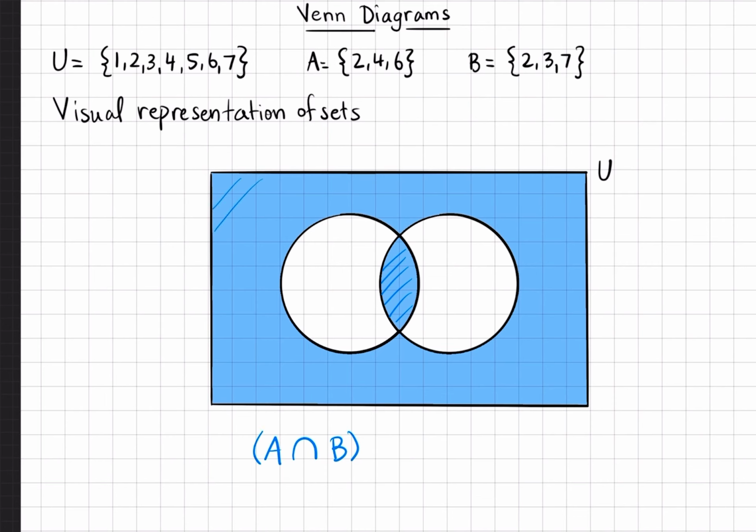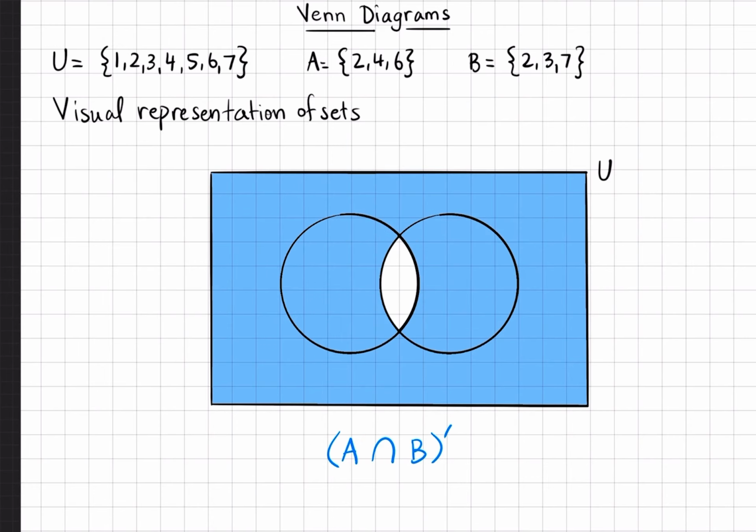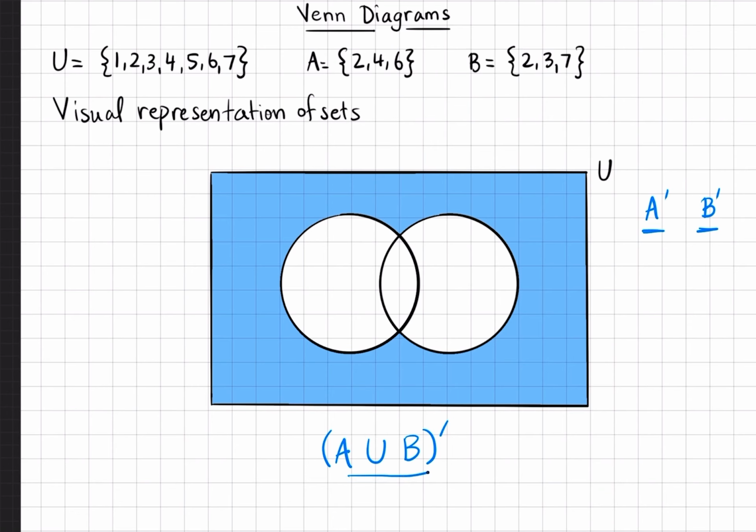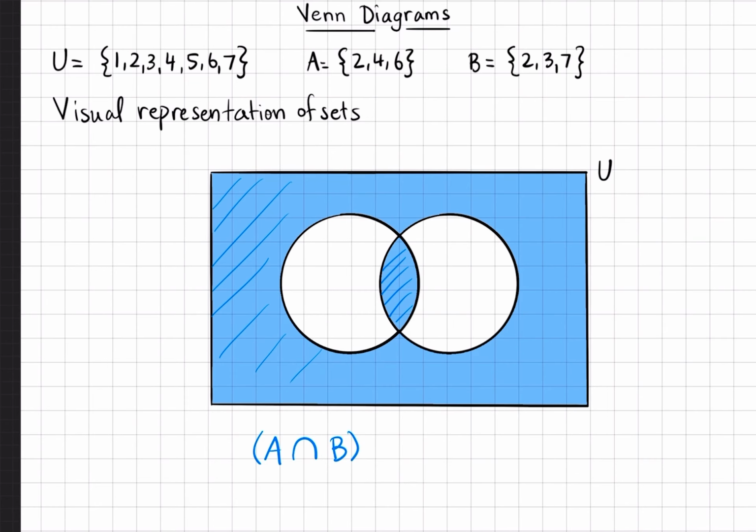Now, what is this shaded area outside? We've already mentioned it before. Let's take a look. We said that this is A union B, but the complement of it, correct? So in this last one here, I'm combining both of them together.